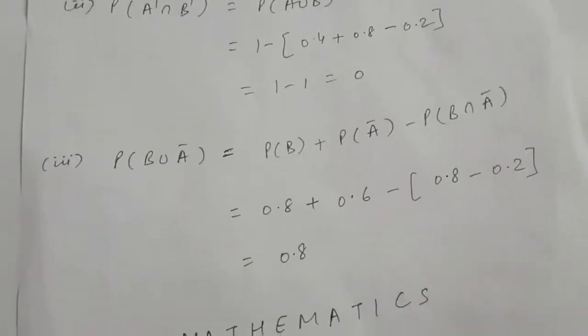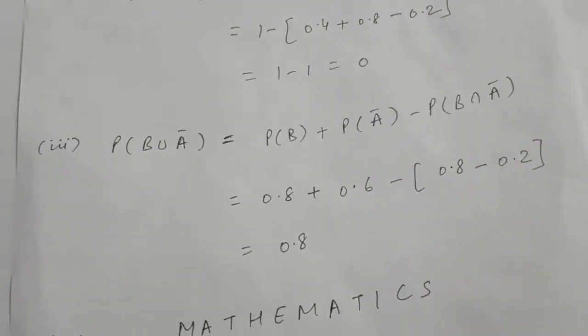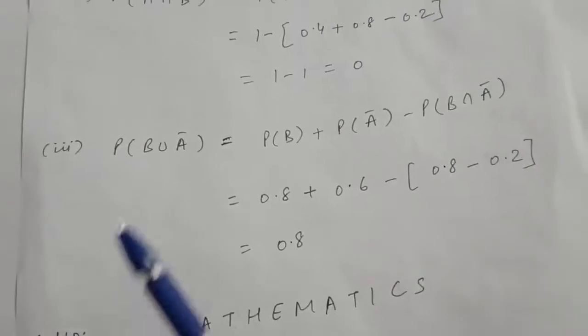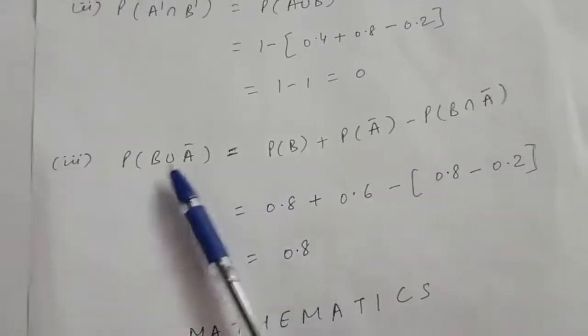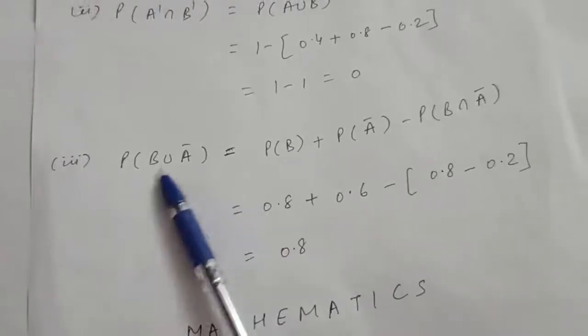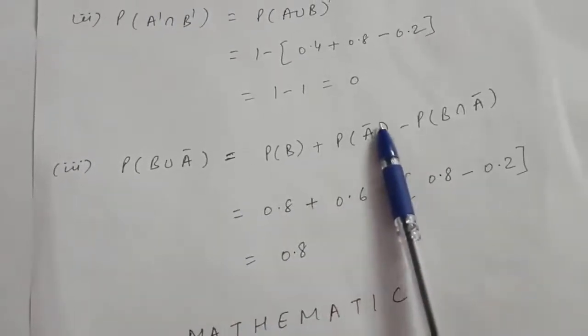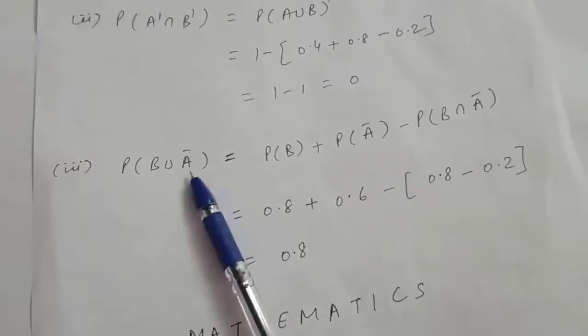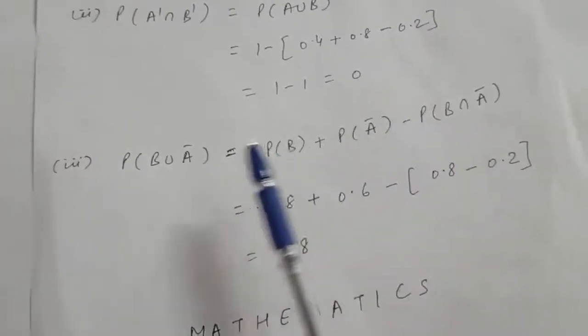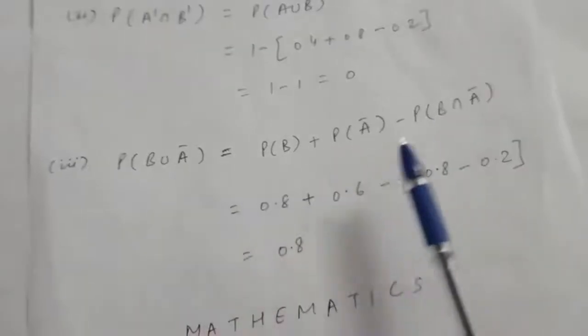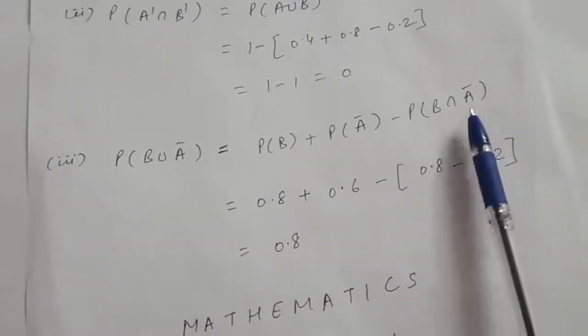Now the third part is probability of B union A complement. Now see, you know the formula of probability of A union B. So just apply the formula. Probability of A, which is here B, plus probability of the second event, which is A complement, minus probability of intersection of both the events given, that is B intersection A complement.